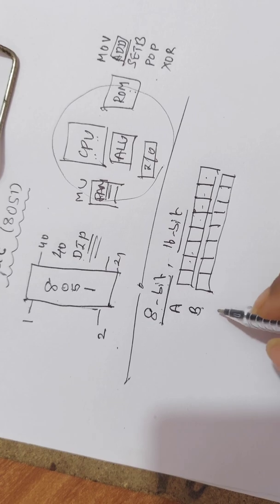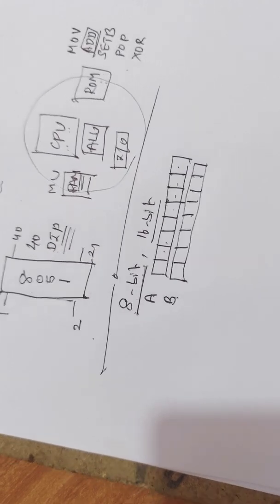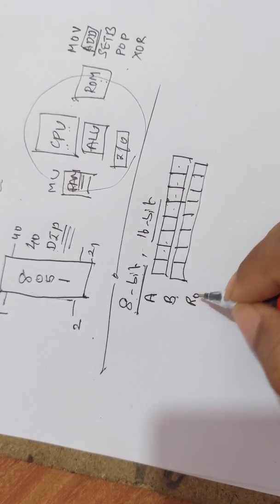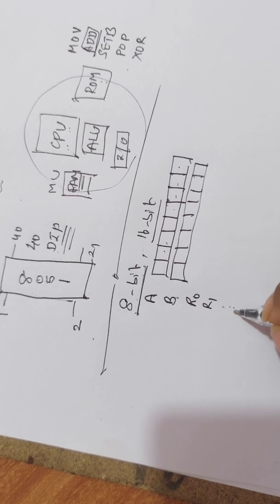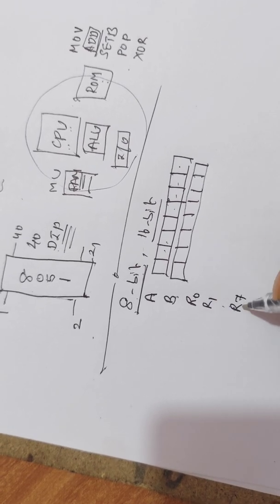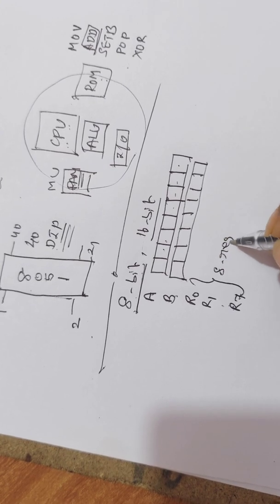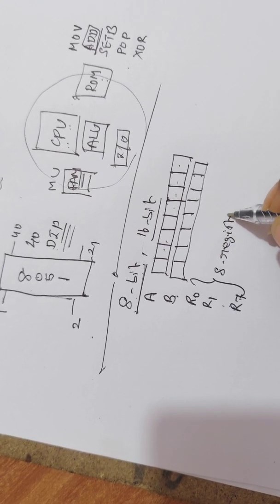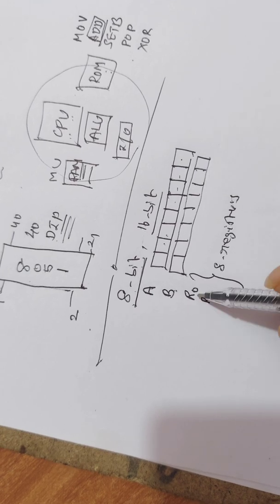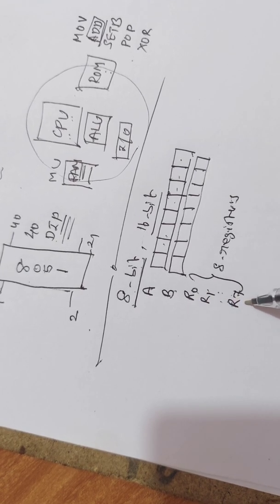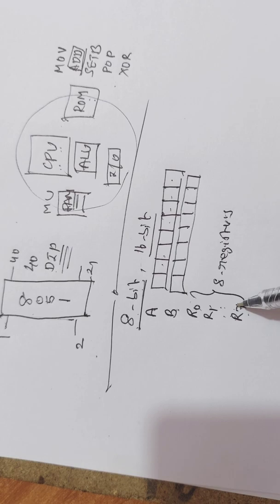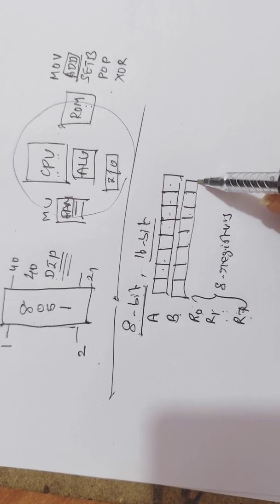Along with these, certain other registers are also there. I will represent them as R0, R1, etc., up to R7. So R0 to R7, there are a total of 8 registers. All these 8 registers are also 8-bit registers.